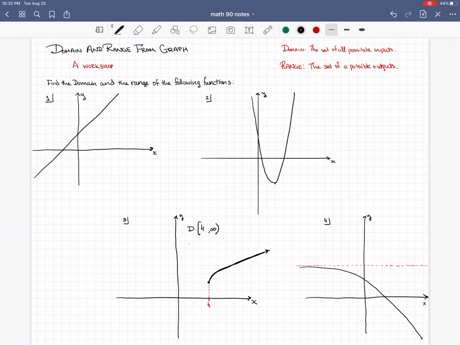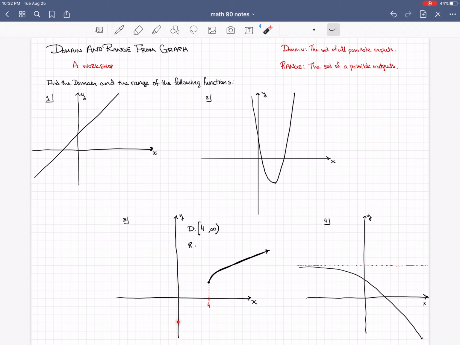Now let's think about the range. As we talked about in both of the last 2 video lessons, outputs live on the y-axis for our purposes. So much like I traced along the x-axis talking about the domain, I'm going to trace along the y-axis talking about the range. So far nothing, right?